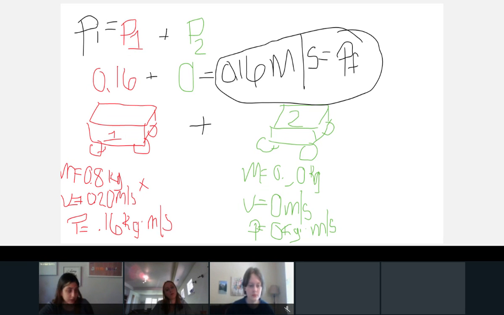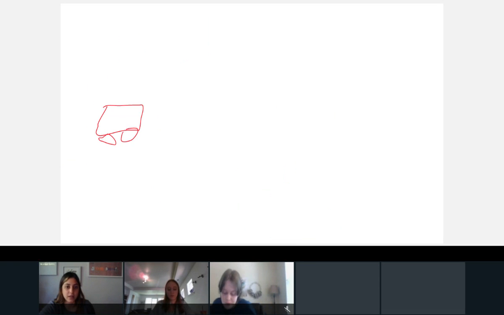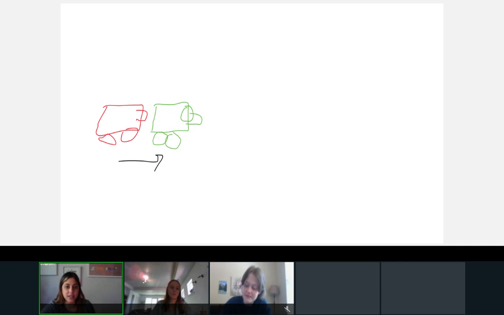Now we're going to move into that second part. So after the collision, we had our wagon one, we had our wagon two. Wagon one hit wagon two, it collided. Not my best work, right? They came into each other.